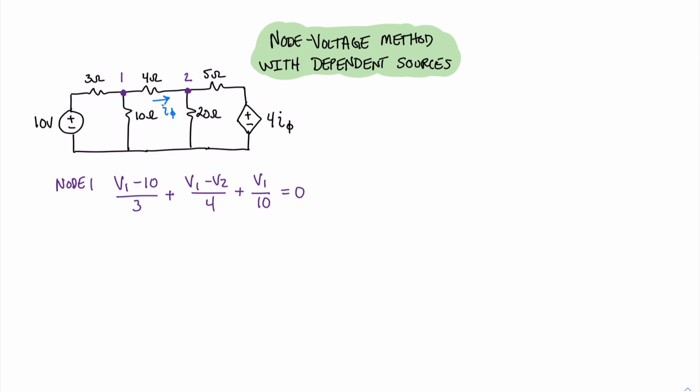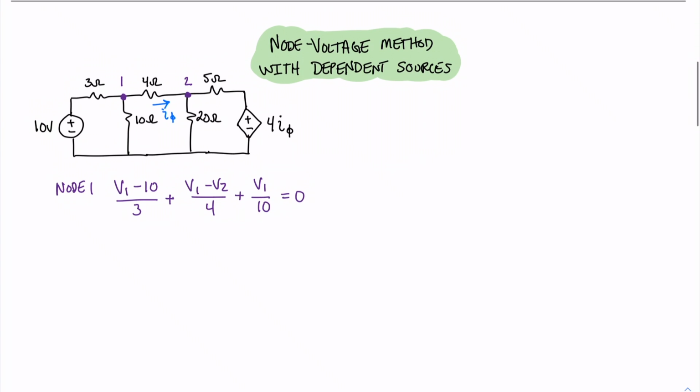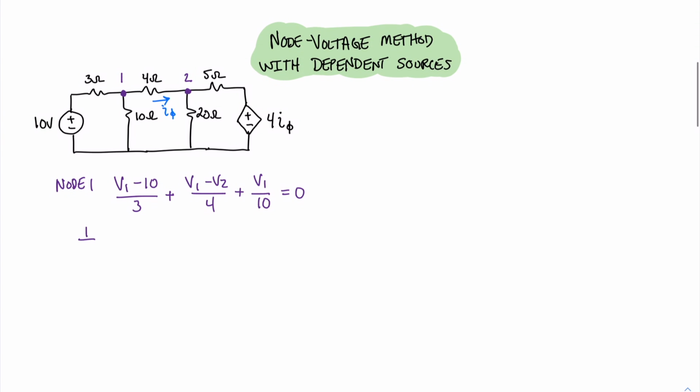Let's go ahead and rearrange and then simplify. For all the V1s, we have 1/3, 1/4, and 1/10. Then we have minus 1/4 for V2.